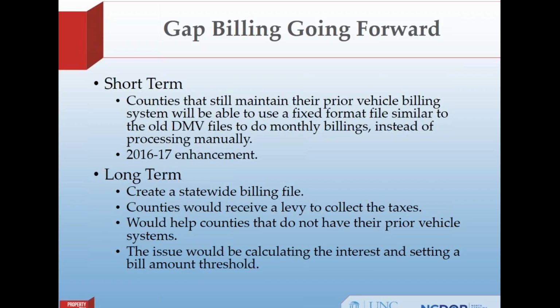There's a couple of scenarios we could go with that. But there's a long-term goal of creating a billing file from the state level, which we will take to user groups and speak with certain folks about doing. There would be some incurred costs to upgrade the system, but it would create the uniformity so that everybody would be billing and collecting the gap bills.